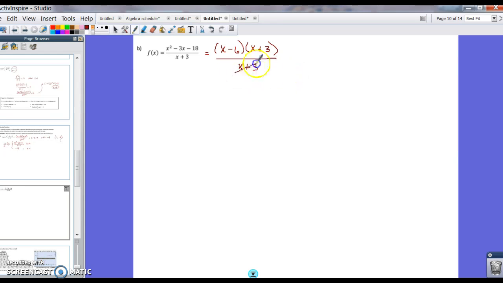And so if I cancel my common factors, that leaves me with x minus 6. But that tells me that I'm going to have a hole at negative 3. And so what I want to do is find the y coordinate of that hole. All I need to do is plug negative 3 into here. So negative 3 minus 6 is going to give me negative 9. And that's the y coordinate of my hole.